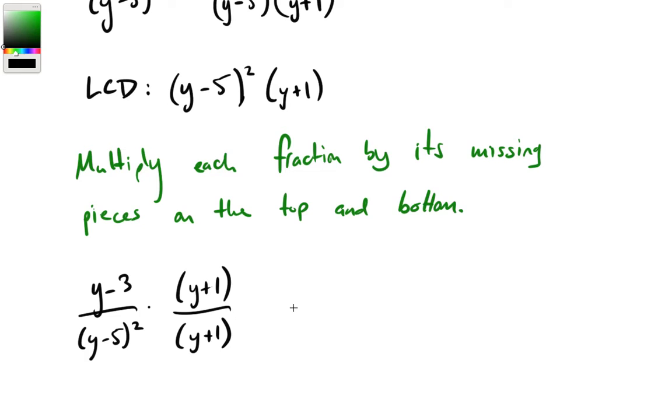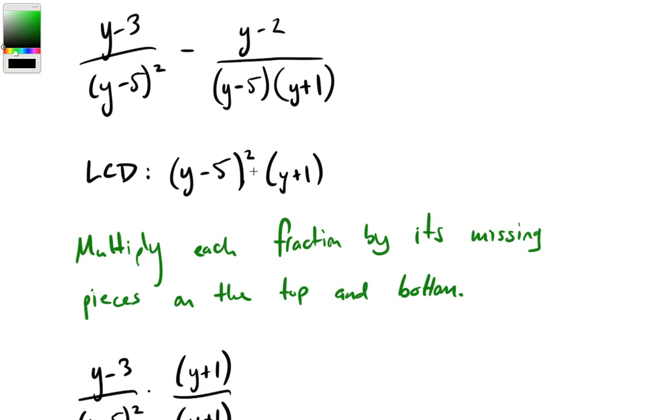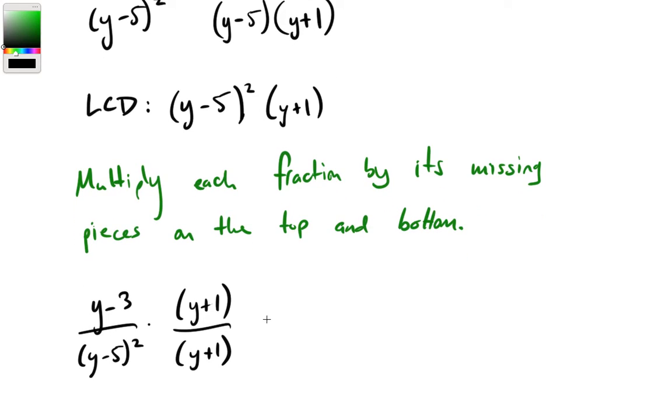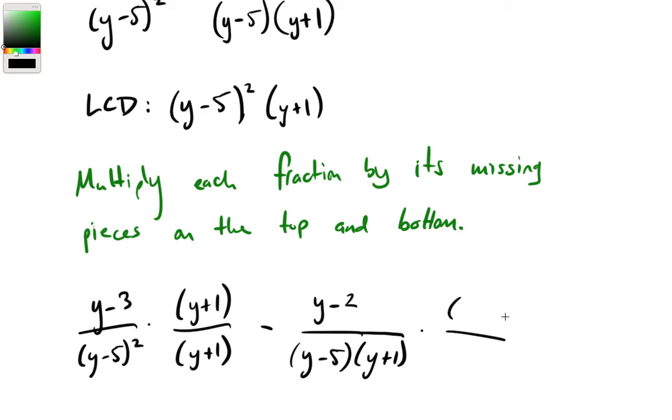And then we do the same thing for the second fraction. So the second fraction here was this minus y minus 2 over y minus 5 times y plus 1. And now we need to multiply this fraction on the top and bottom by whatever it's missing from the common denominator.